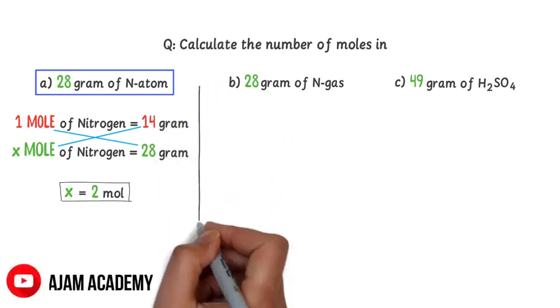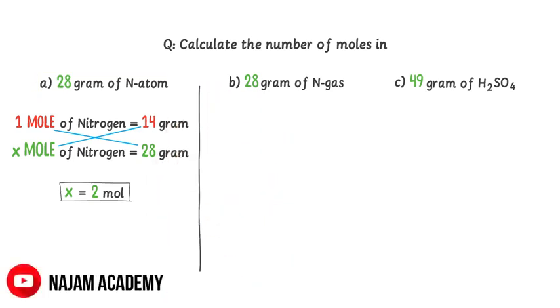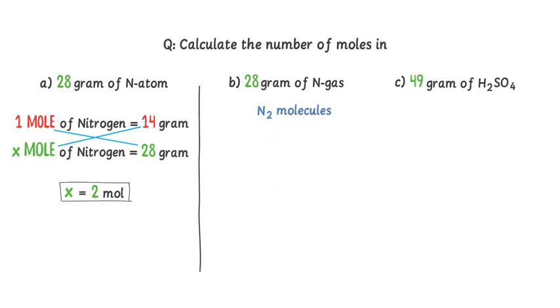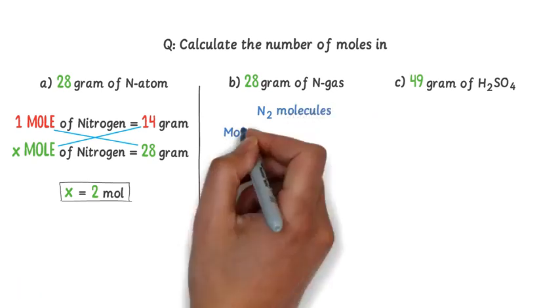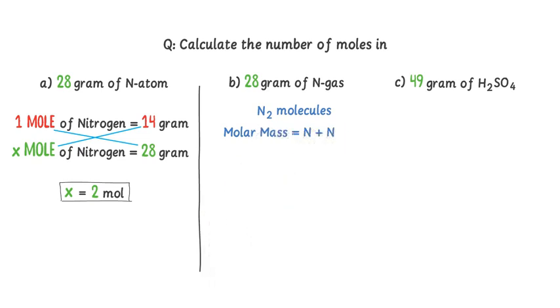While in the case of nitrogen gas, we know that N2 molecules are present in the nitrogen gas. First of all, I need to find the molar mass of N2 molecules. I write N plus N or 14 plus 14 and I get 28 gram. So the molar mass of N2 molecules is 28 grams.